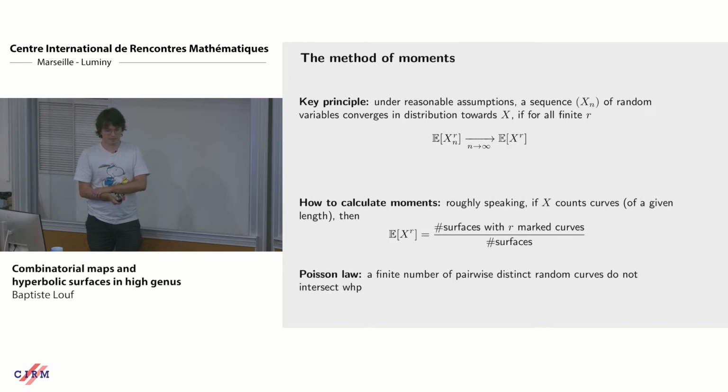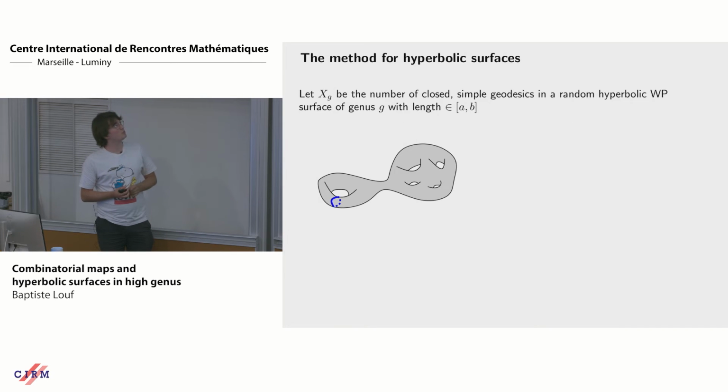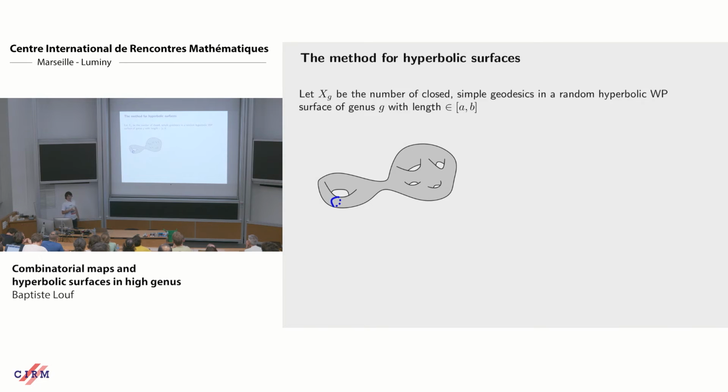All right, so to be more precise, let's get into the proof, the method for hyperbolic surfaces. I'm just going to calculate the first moment, the expectation. If you know that you have a Poisson law, that's all you need. So Xj is my number of simple closed geodesics in a random hyperbolic surface of length in a given interval.